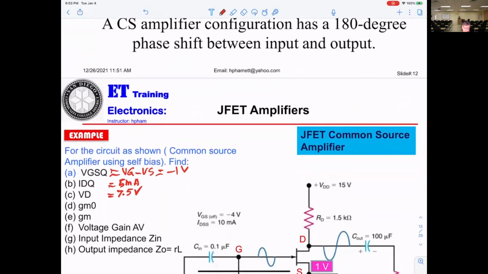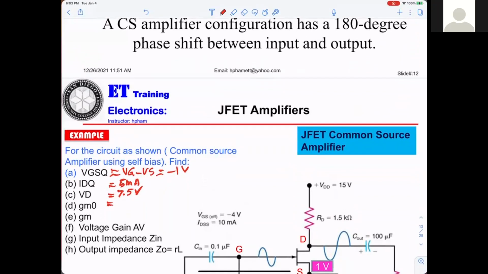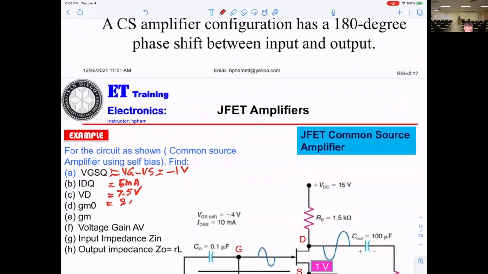Right. GM0, GM0 was 2.5 millisiemens? I forget what it was.